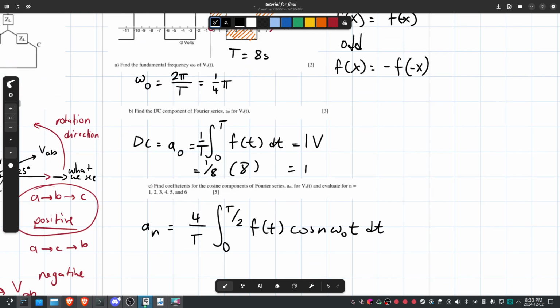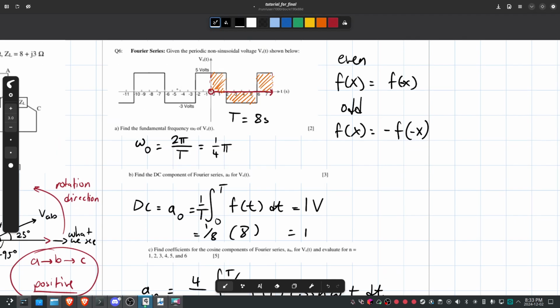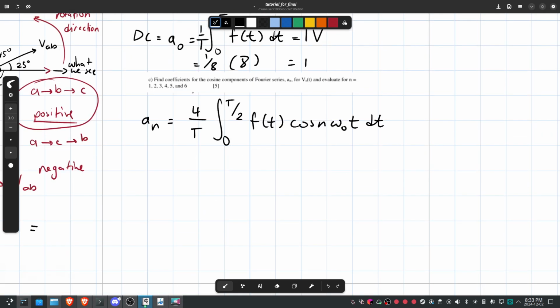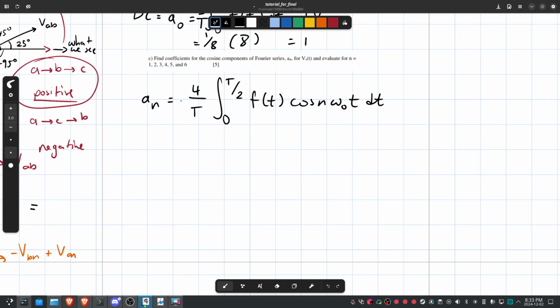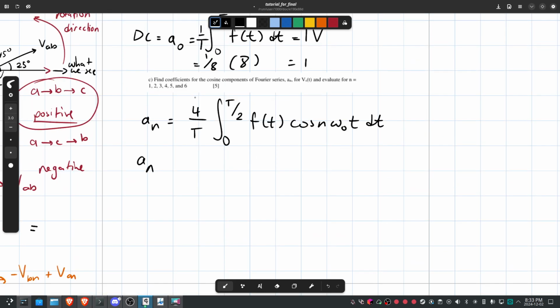Is it always equal to 1 volt? No, it's equal to 1 volt here. What is f of t? This is f of t, the line here that goes up and down. And so this is just Fourier. Because there's a hard jump here, we split it up into multiple equations.